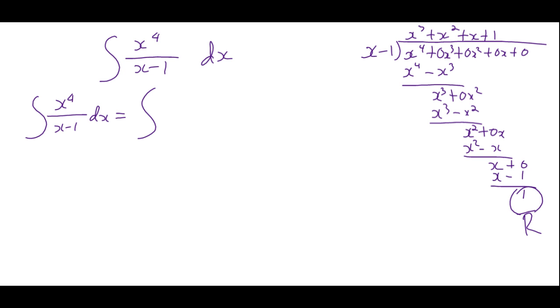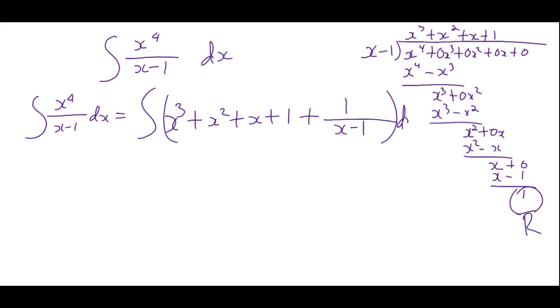I think, yeah, quotient. I don't even remember how to do synthetic division, so I don't remember the terminology first. So it's x cubed plus x squared plus x plus 1 plus 1 over x minus 1, because the remainder is 1 over this. dx.